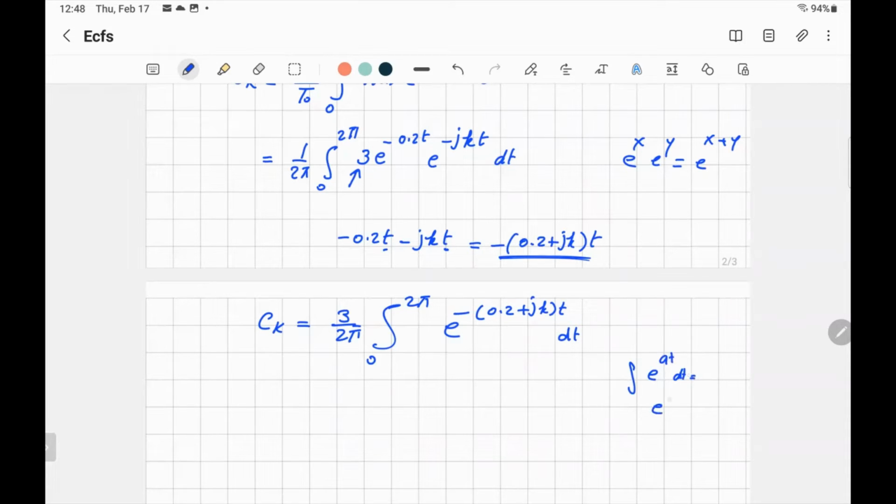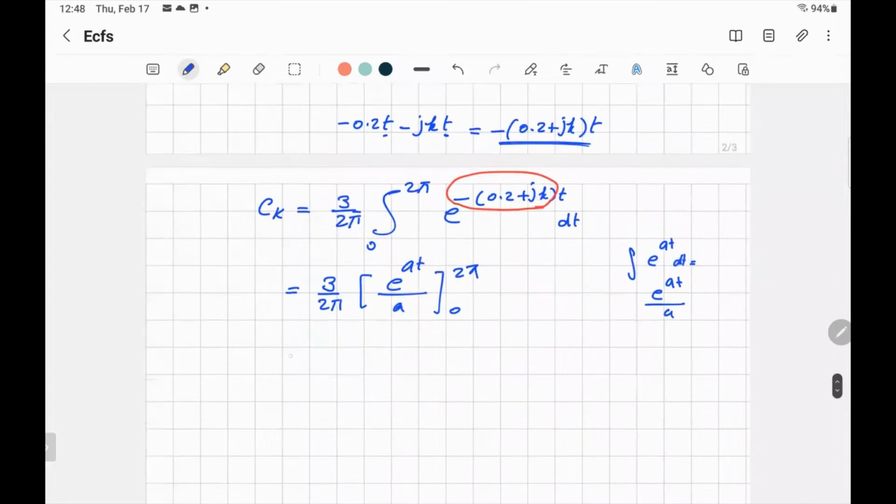It's equal to e to the power of at divided by a. All right. So anything that doesn't have t, I'll call it a. All this, I'll call it a. So how do you integrate? You will have 3 over 2 pi constant, and then e to the power of a times t divided by a, with the limits of integration 2 pi and 0.